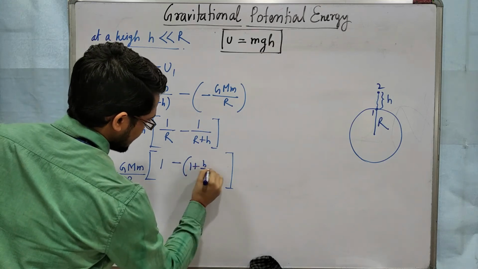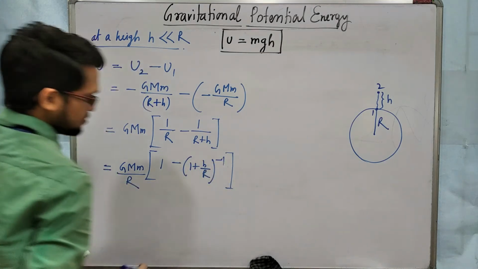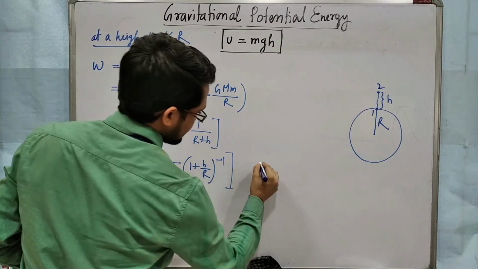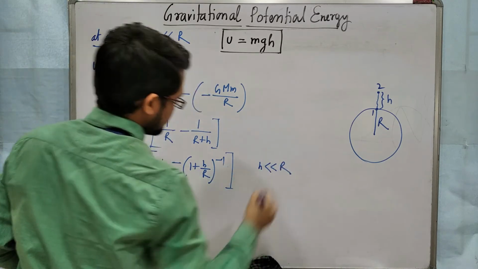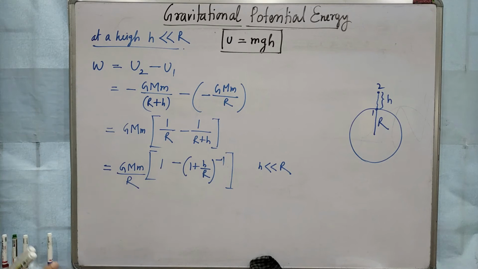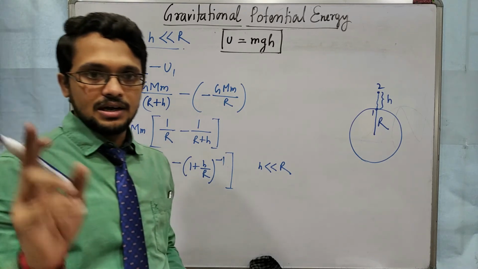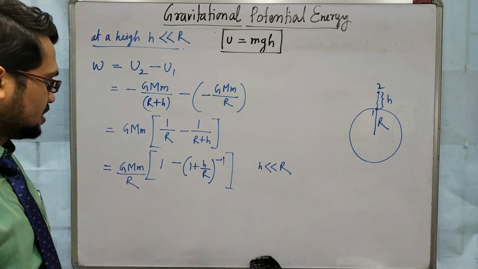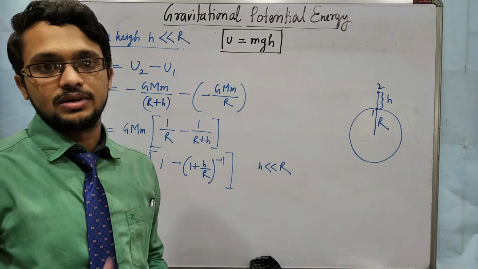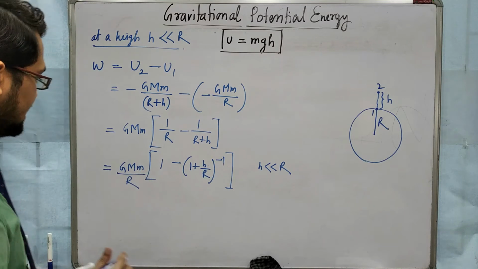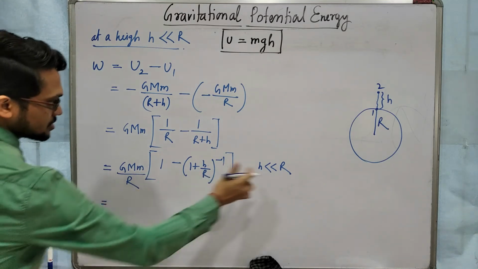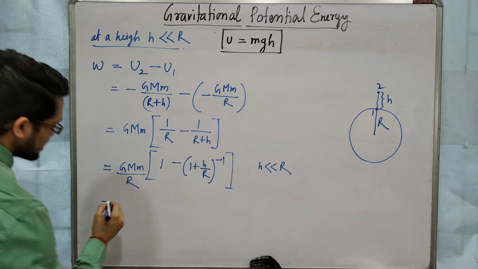Here h is very much smaller than R, so we will use the binomial expansion, but we will take only the first-order term, not the higher powers like square and cube, because h by R is very much smaller than 1.